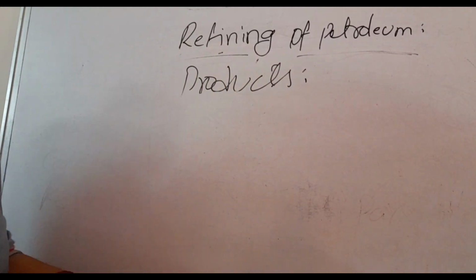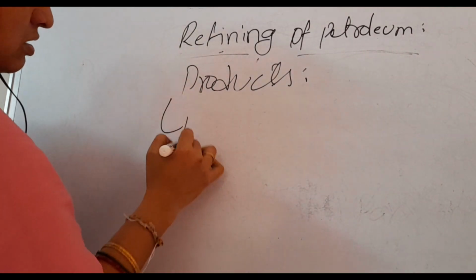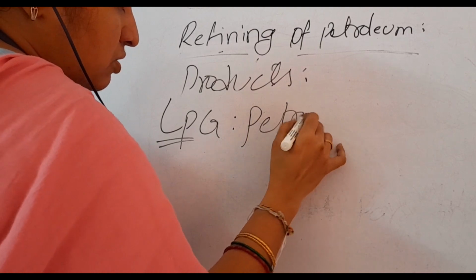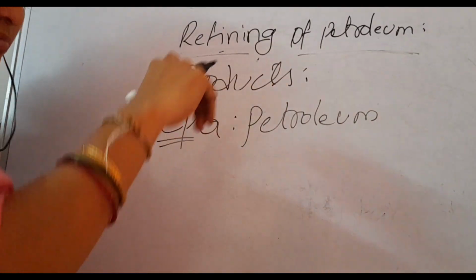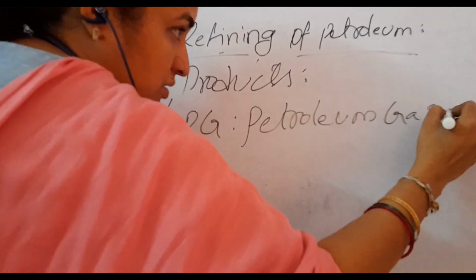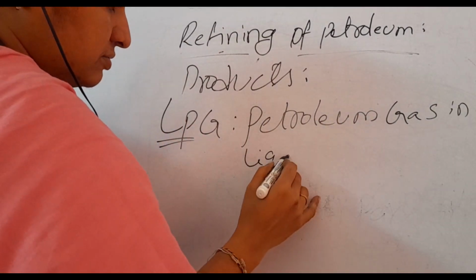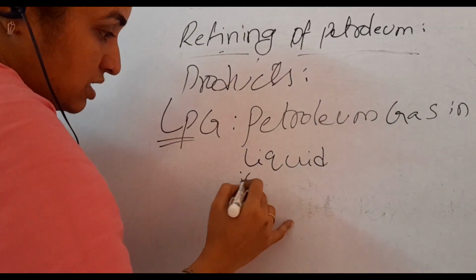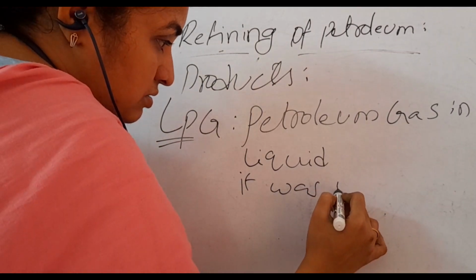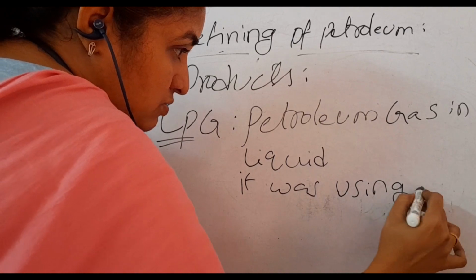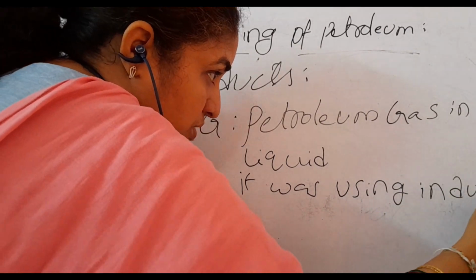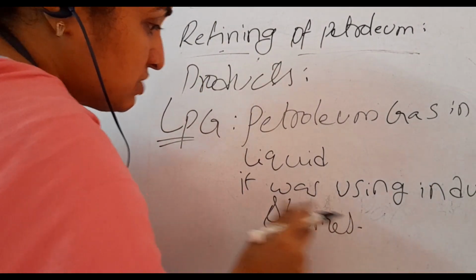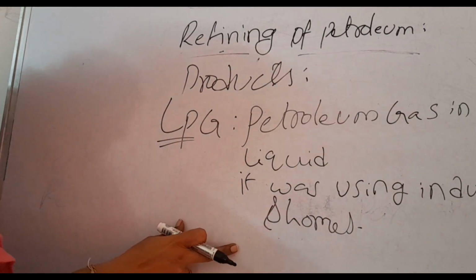Where do we use LPG? LPG means petroleum gas in liquid form. It is used in industries and at home. LPG gas is used in homes and also industries.